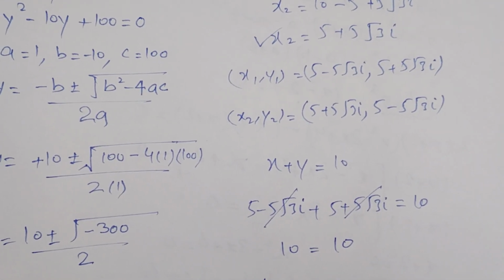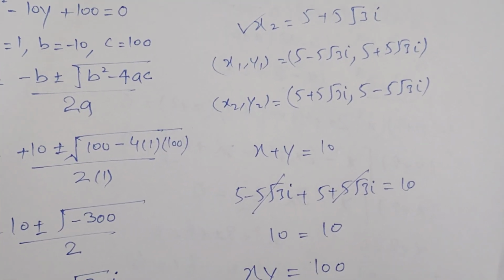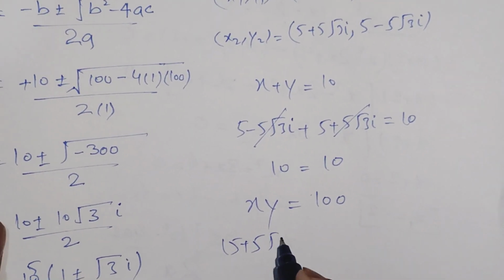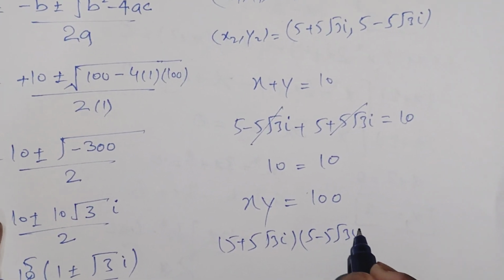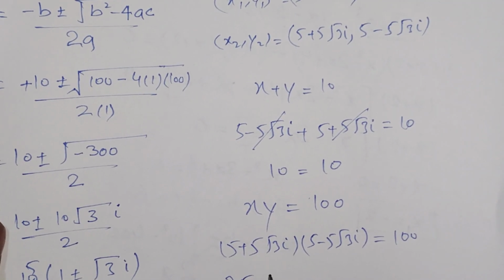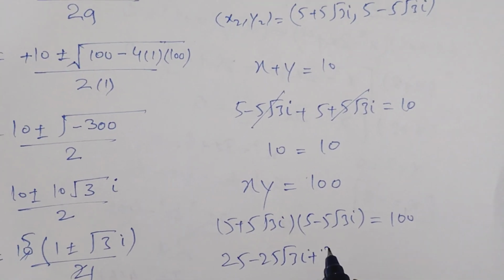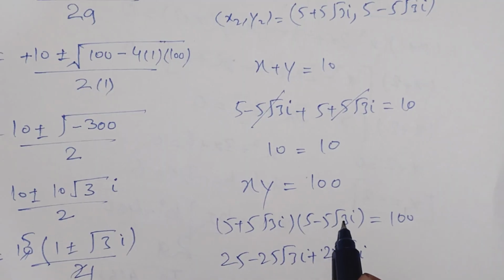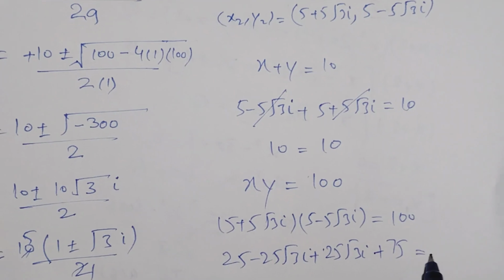If we put the values of x, y in our second equation to check whether it's true or not, we put x2 and y2 here. x2 is 5 plus 5 square root 3 iota, and y2 is 5 minus 5 square root of 3 iota, equals 100. 5 into 5 is 25. 5 into minus 5 square root 3 iota is minus 25 square root 3 iota, plus 25 square root 3 iota, and plus 5 square root 3 iota minus 5 square root 3 iota, plus 75, equal to 100.